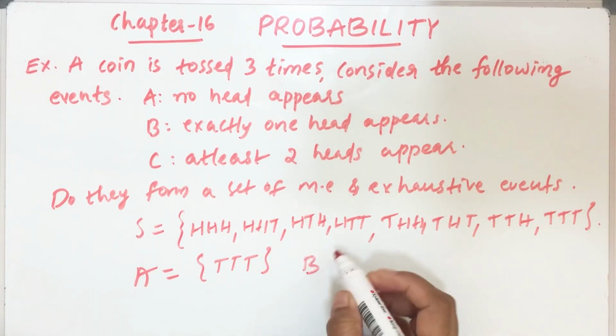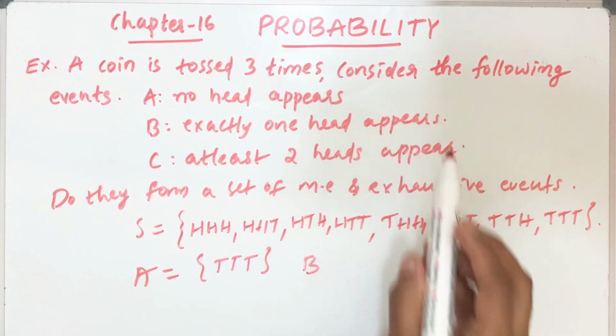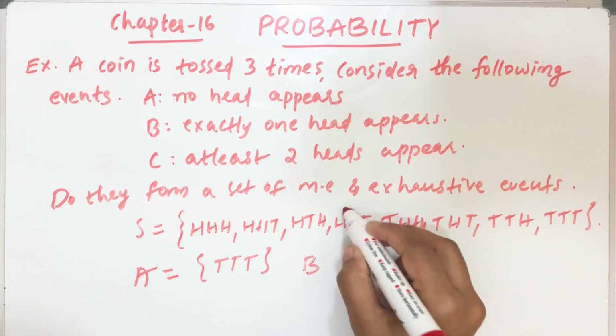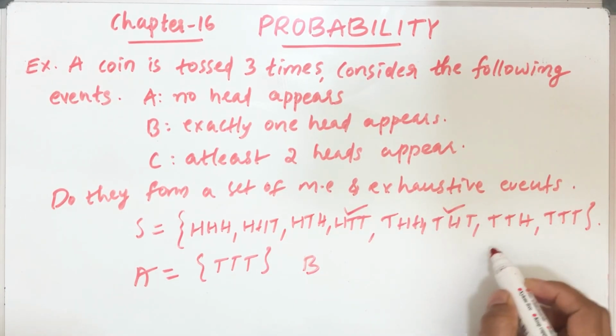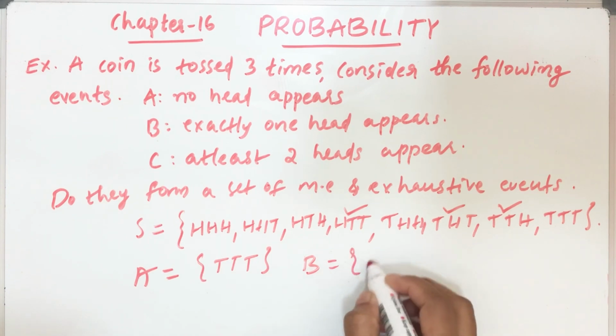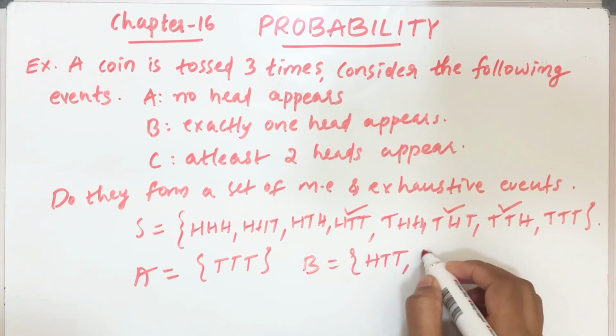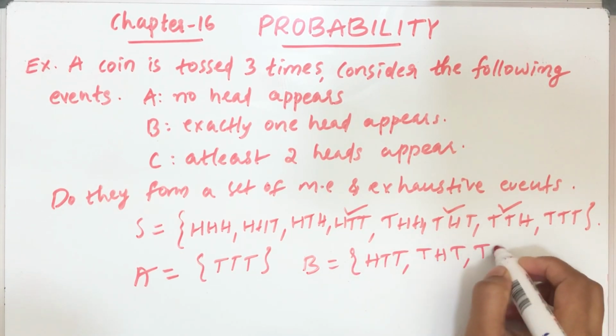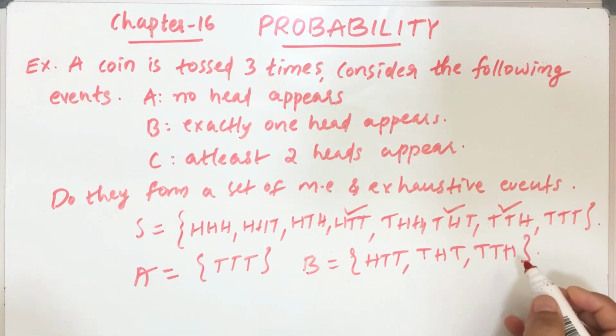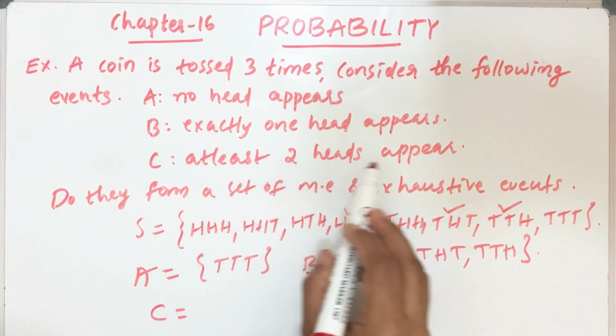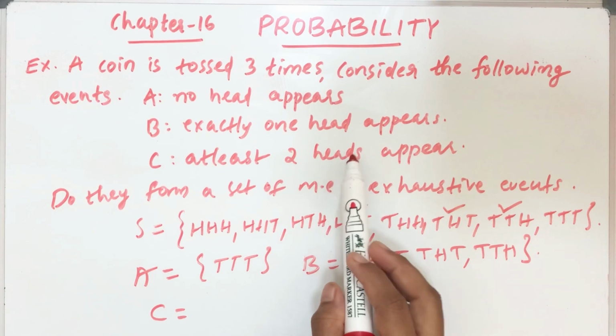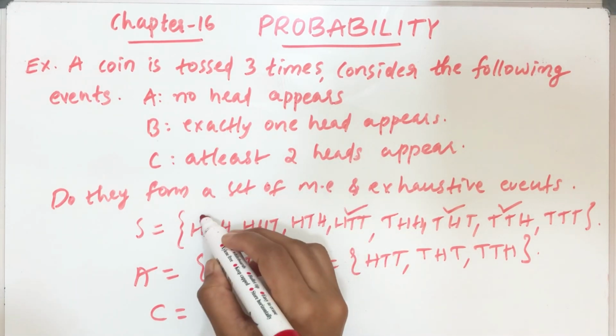And B is exactly 1 head appears. That is HTT, THT, TTH. That is only one head. And C is at least two heads appear. That is the case of two heads and three heads.